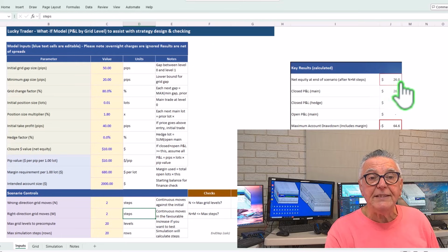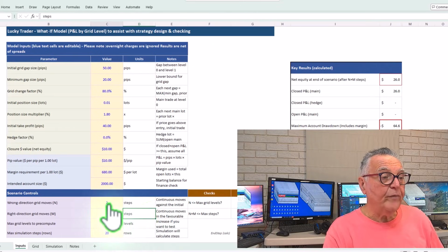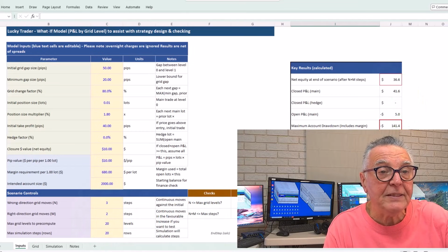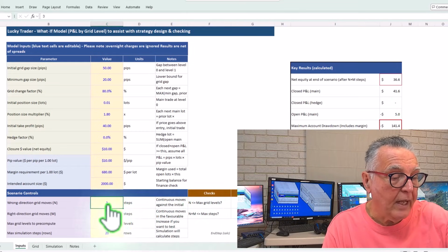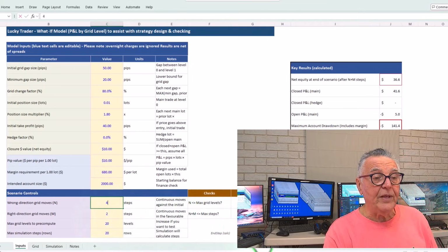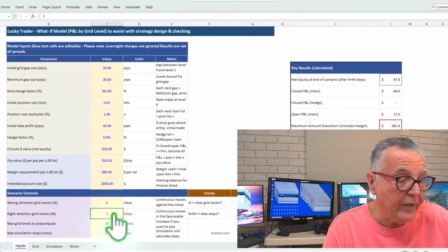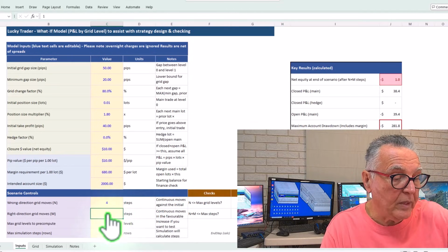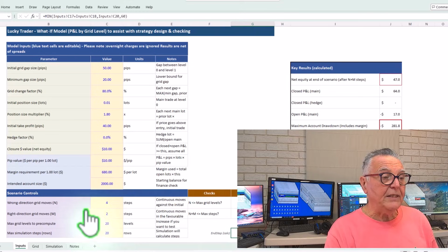Oh, we'd make $26 and our drawdown would only be $64. What if we had 3? So you can start playing around with different scenarios. What if we had 4? That type of thing. What if we only had 1 retracement? What would happen? Oh, we go into a loss. So 1 retracement wouldn't work. 2 retracements would be necessary.